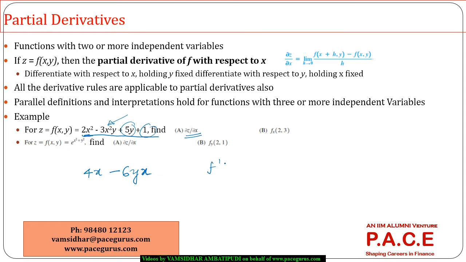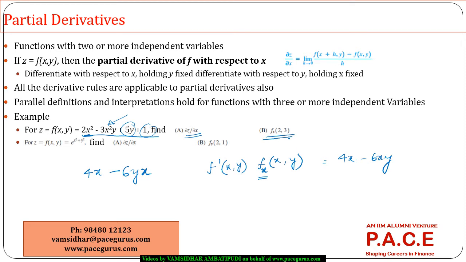So f dash, either I write it as f dash of x, y, or sometimes better than this representation we write it as fx of x, y. It means I'm differentiating this function with respect to x. So this comes out as 4x minus 6xy.